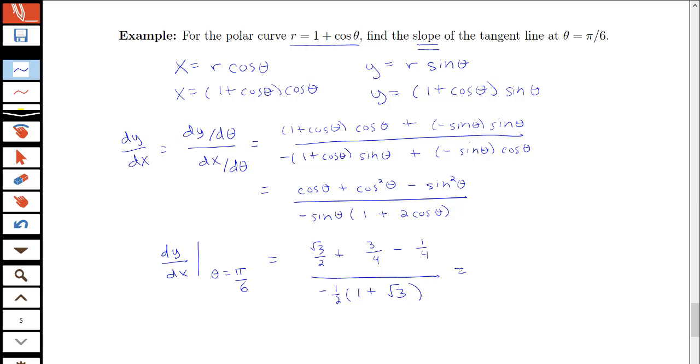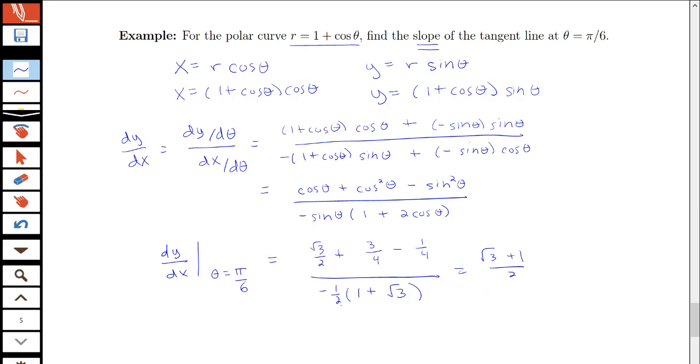So we can just look at simplifying this a little bit. Notice that my numerator here is going to be root 3 over 2 plus 1/2, or I could write that as root 3 plus 1 over 2. Notice that 3/4 minus 1/4 is going to be 2/4, or 1/2, so we have root 3 over 2 plus 1/2.